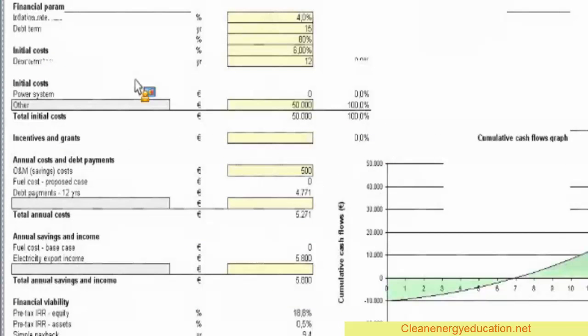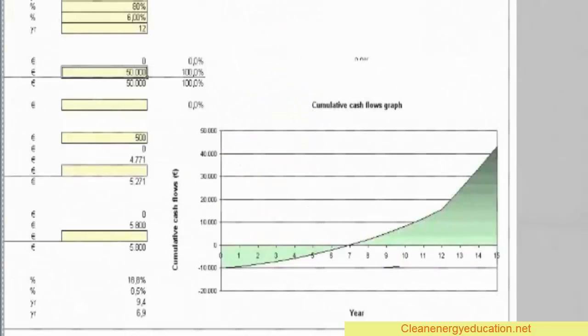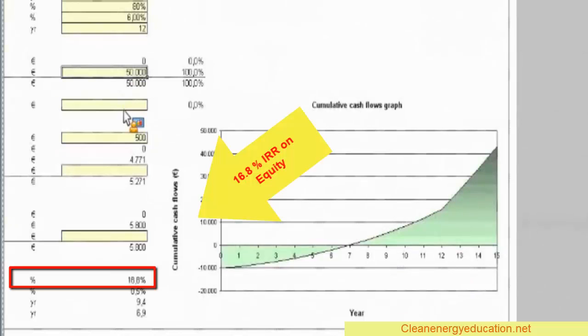Then in this case we see how, with a similar project ratio for finance, we can afford a higher investment, 50,000 euros, because we have a much higher production.